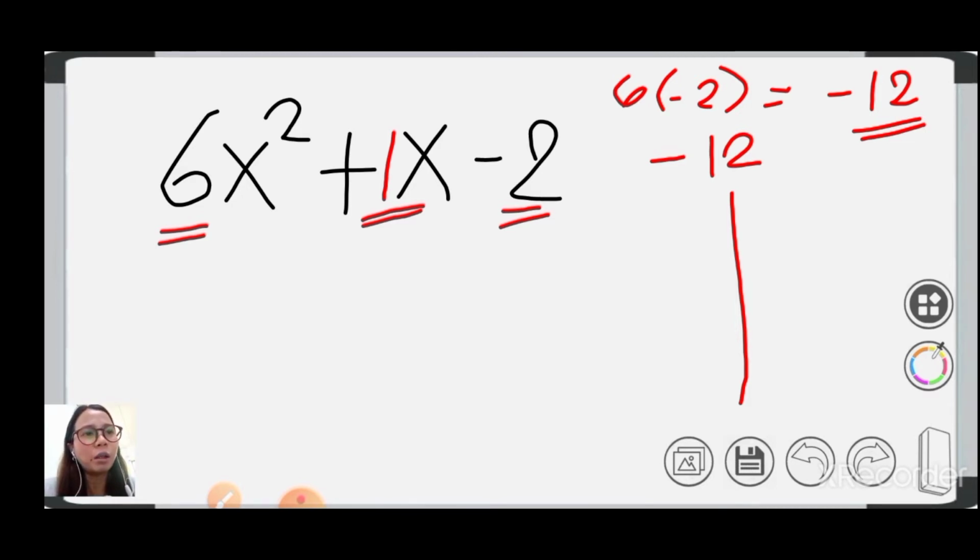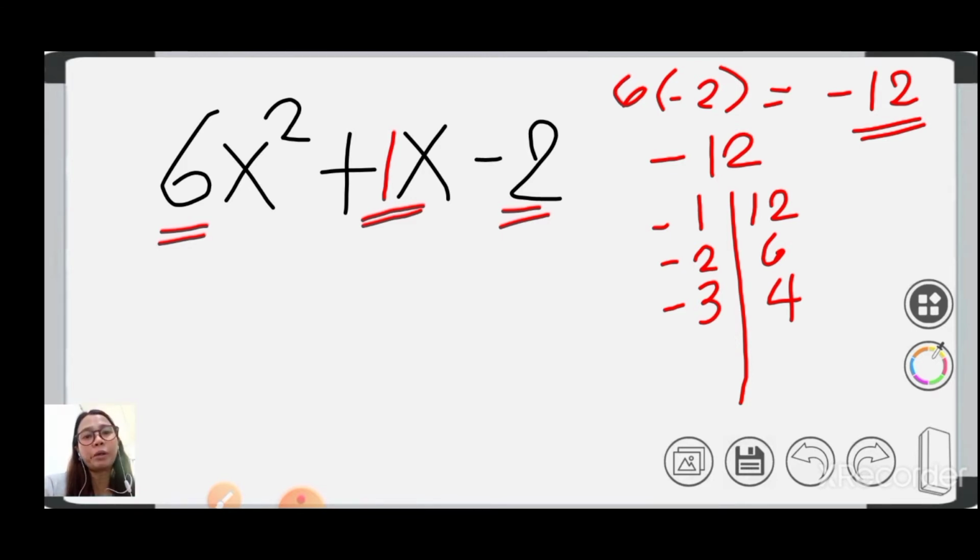Okay, so let's proceed. Negative 1 times 12 is negative 12. Next, we have negative 2 times positive 6 is negative 12. Negative 3 and positive 4 is negative 12. Okay? So if we're going to use 4 and 3, okay na yon. Babalik ulit tayo doon.